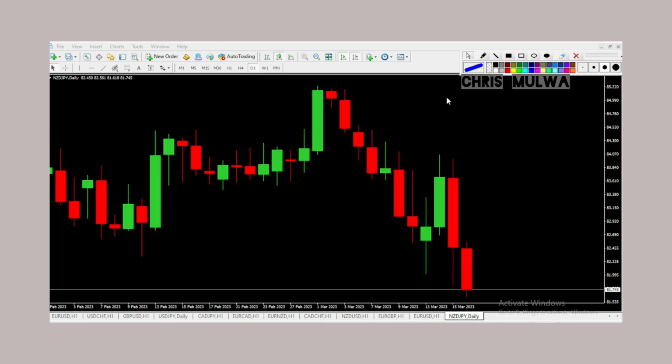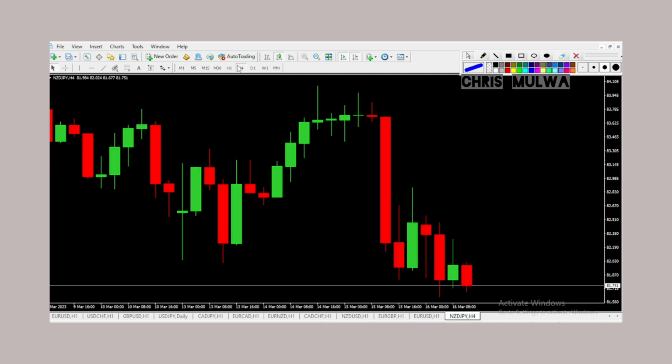Okay, so when we move to H4, this H4 here means 4 hours. So this candle was formed in 4 hours. This also was formed in 4 hours. This one was formed in 4 hours.